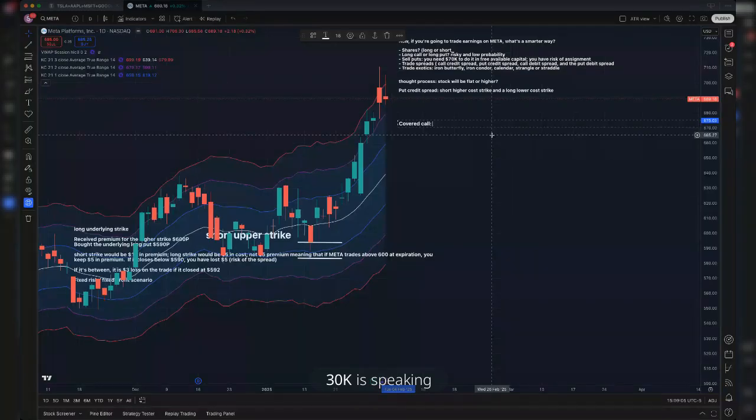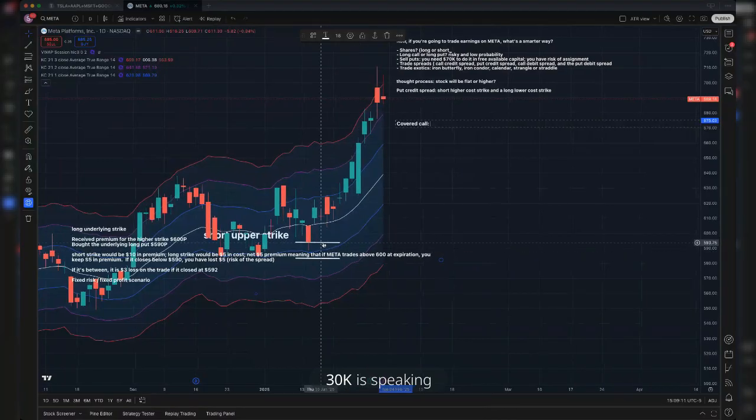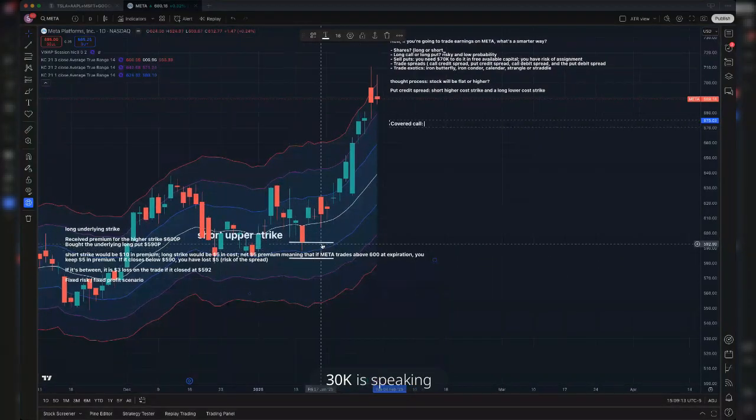You have risk of assignment if you don't close the option. Great question, by the way. If you don't close the option and it closes in between the two strikes. So if you were short the 600 put and it closed at 592, if you didn't close the option, you have risk of assignment.